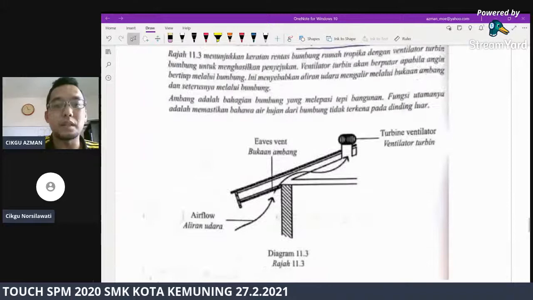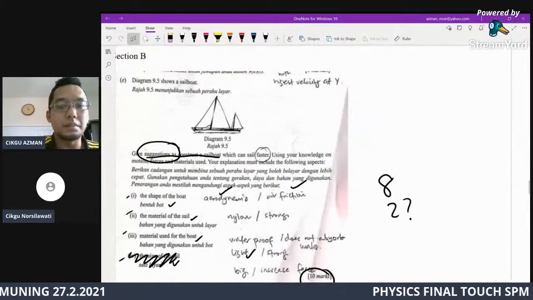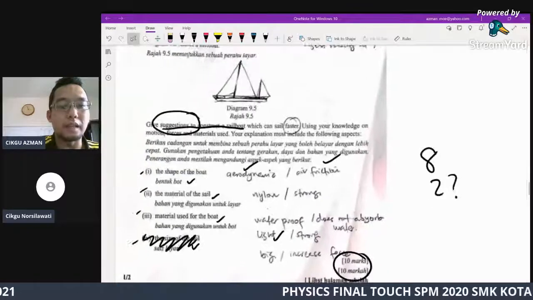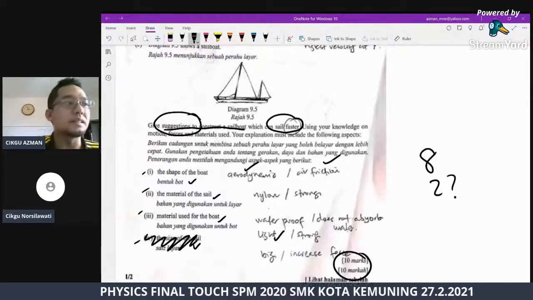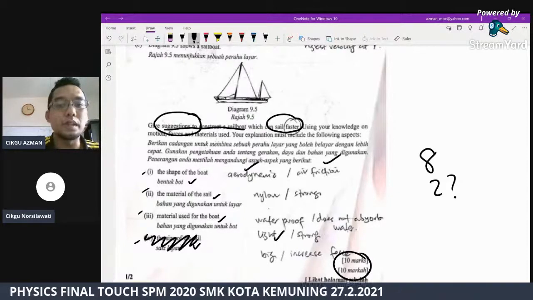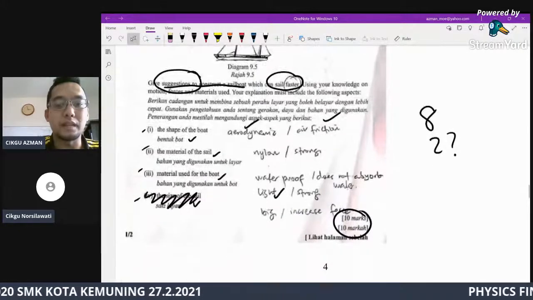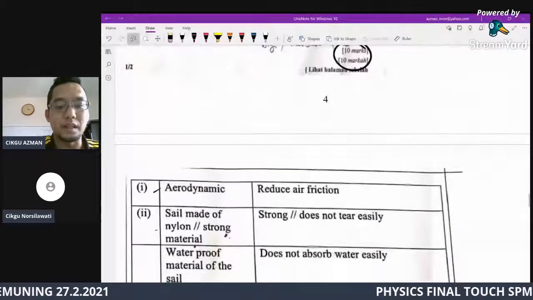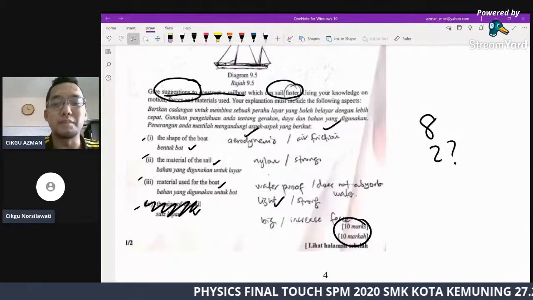Okay, apa-apa yang kamu rasa menjawab soalan. Okay. Give suggestion to construct which can sail faster. Which can sail faster. Apa lagi yang kamu fikir boleh tambah? Kelajuan sail tu. Okay. Tambah sail pula. Tambah kelajuan sailboat.